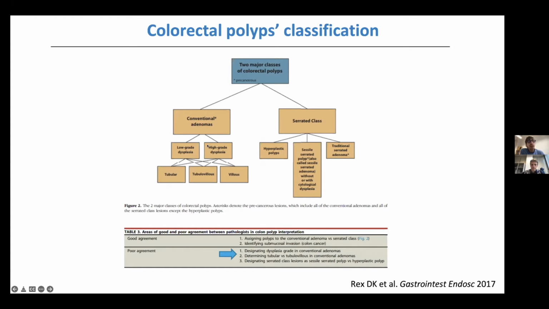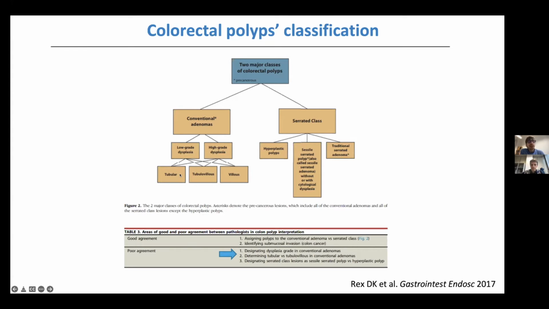And as you can see, we have some morphological features which make us say if an adenoma has some kind of low-grade dysplasia or high-grade dysplasia. And this is quite a road which goes from normal tissue to low-grade dysplasia, high-grade dysplasia, and then invasive carcinoma. So it's important to distinguish between these different kinds of lesions.